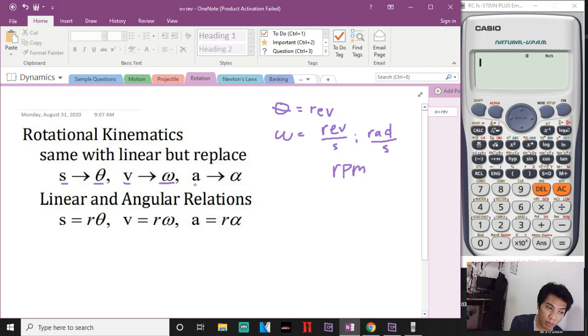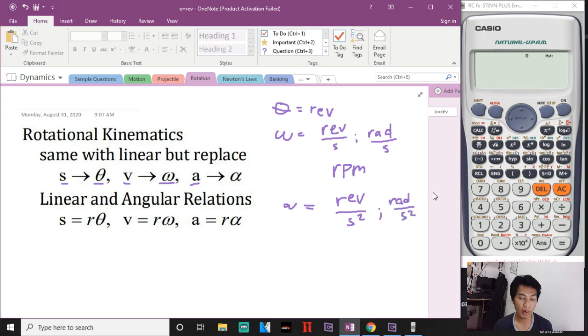Now, when we're talking about acceleration sa linear, that is in meters per second squared. Ito naman, it is in alpha. Yung denotion ng alpha mo, that is in revolutions per second squared or radians per second squared. Okay. Yan yung mga convention natin.